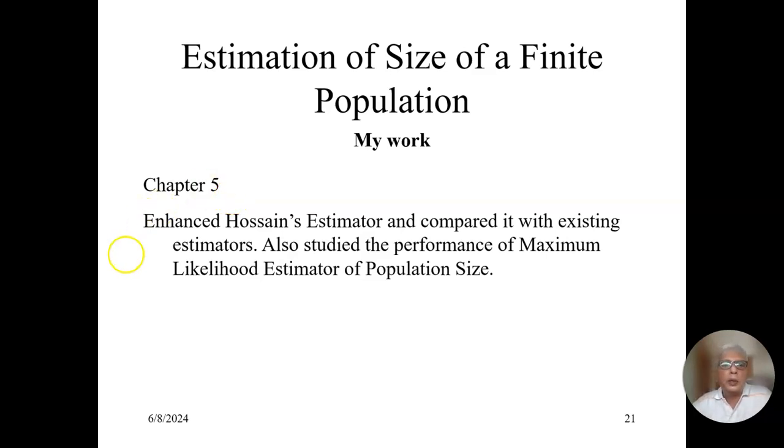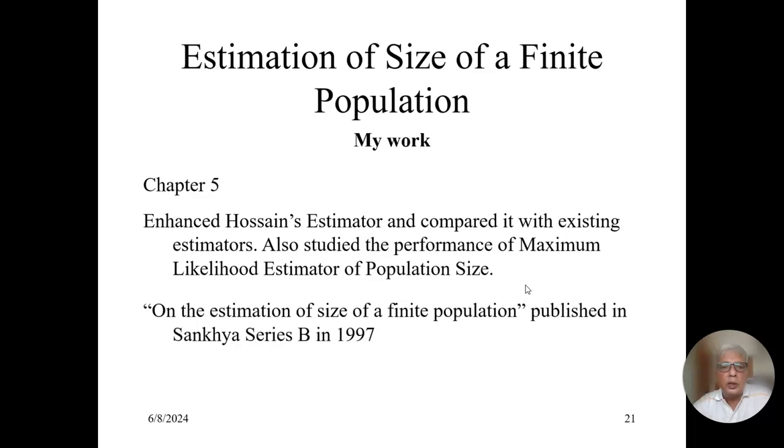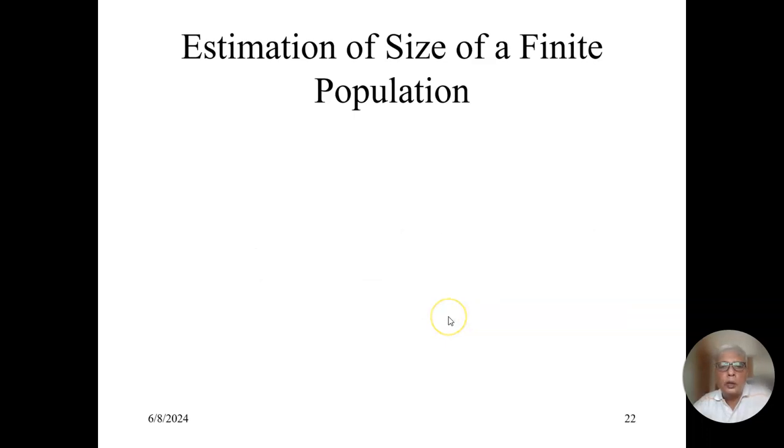So in the 5th chapter, I enhanced Hossein's estimators, compared them with existing estimators, and also studied the performance of maximum likelihood estimator of population size. The paper came out in Sankhya series B in 1997 on estimation of size of a finite population. So that's an extension of Hossein's work.